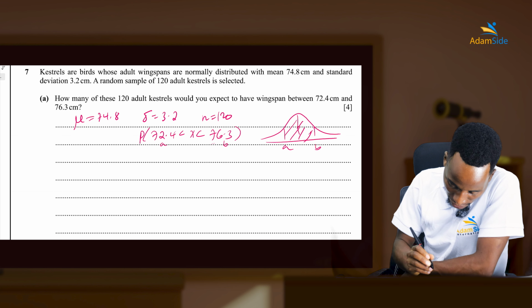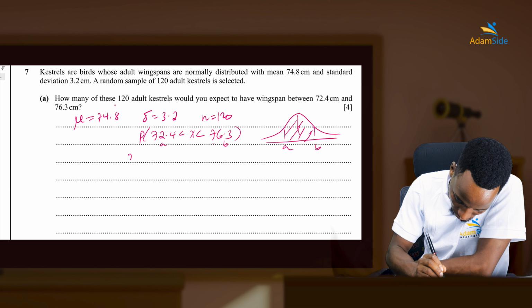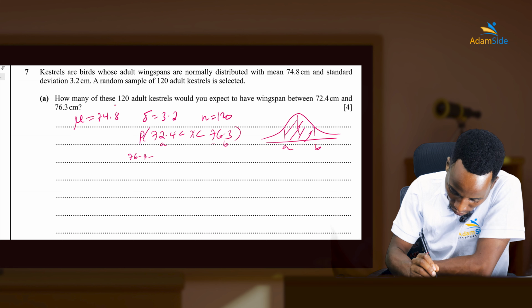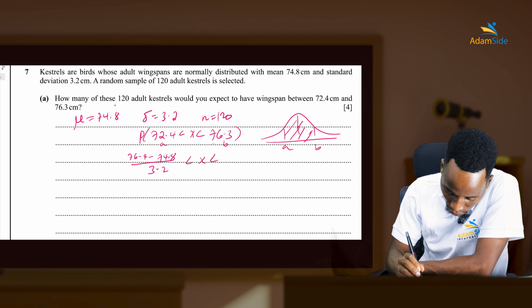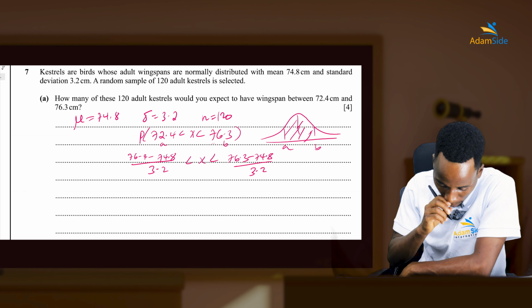So we can start standardizing: 72.4 minus the mean, 74.8, over the standard deviation 3.2, less than Z less than 76.3 minus 74.8 over the standard deviation 3.2.